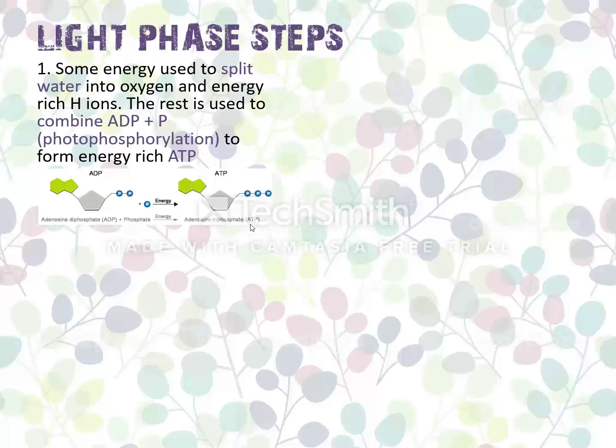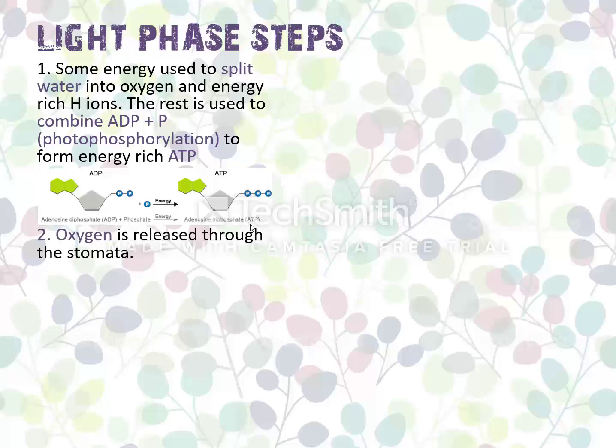Some of that radiant energy will be used to split water into hydrogen ions and oxygen. We're not talking about the oxygen and what happens to it yet at this point. The rest of the energy will be used to combine ADP with a phosphate in order to make ATP, which is called photophosphorylation.